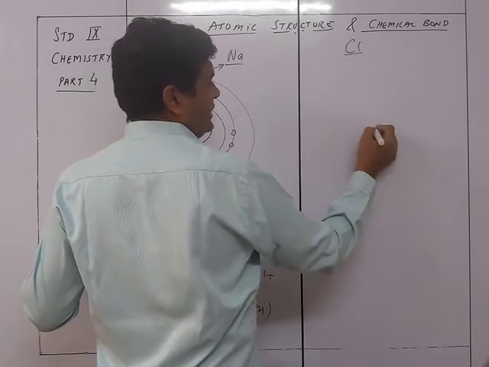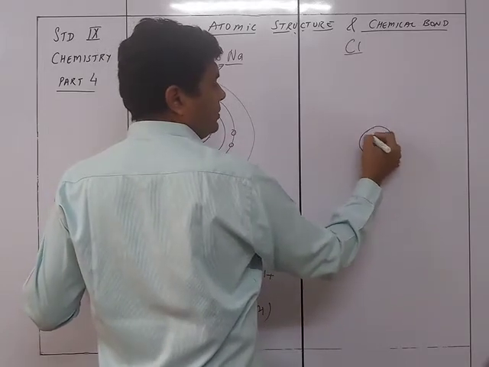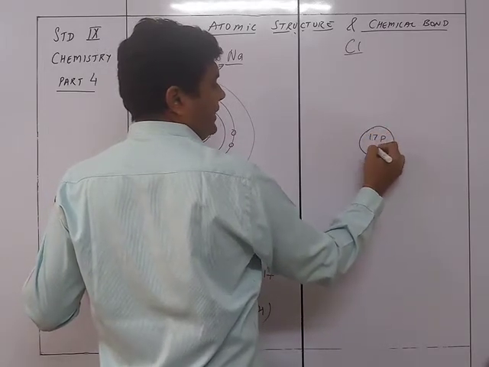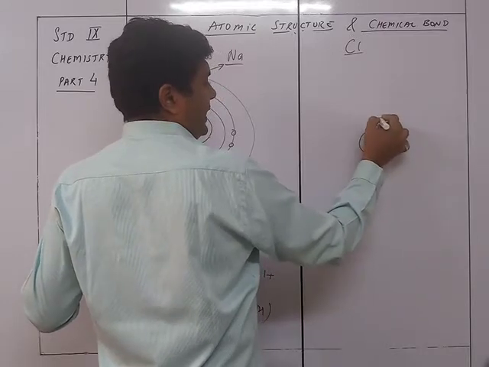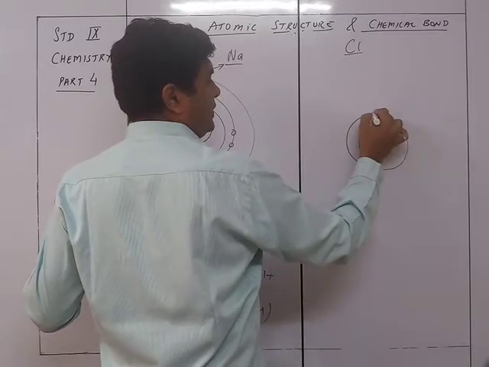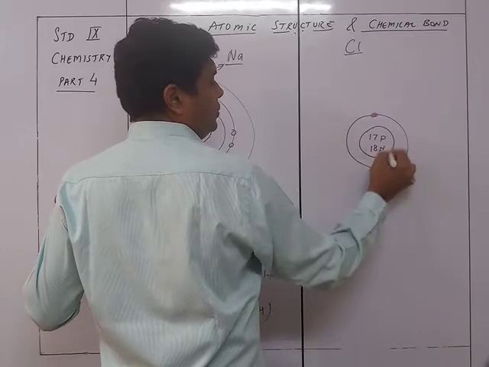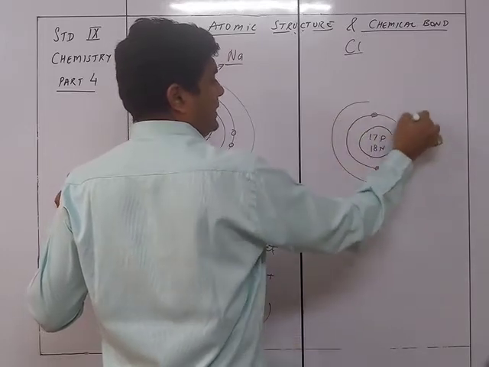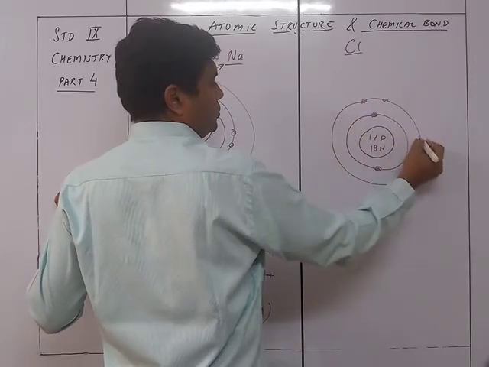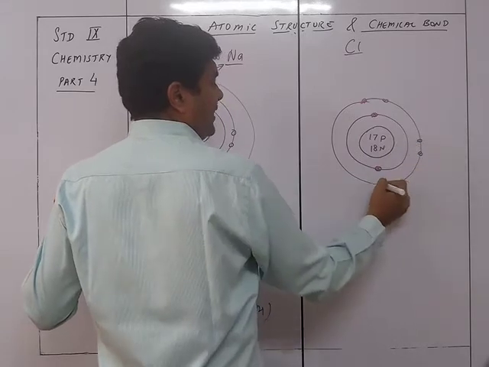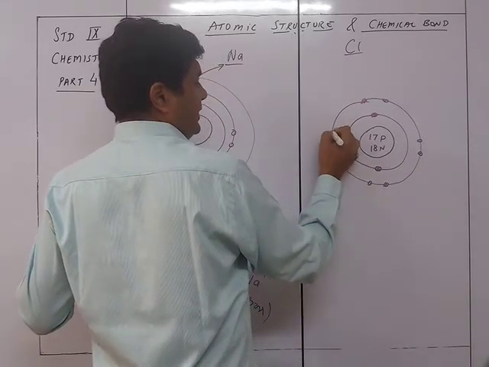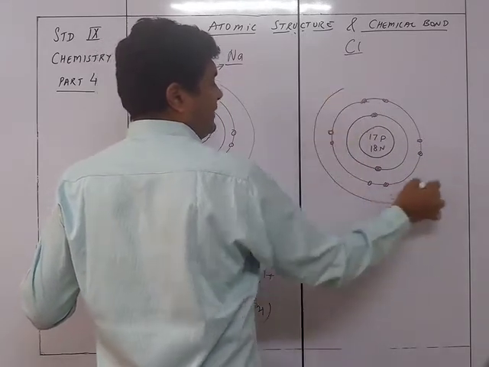In the case of Cl, there will be totally around 17 protons and 18 neutrons. The first orbit contains only 2 electrons, 1 and 2. The second orbit will contain 8 electrons, that is 1, 2, 3, 4, 5, 6, 7, 8. And then there will be 7 in the outermost shell.